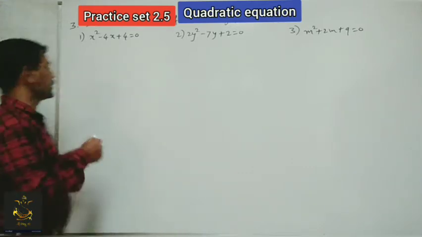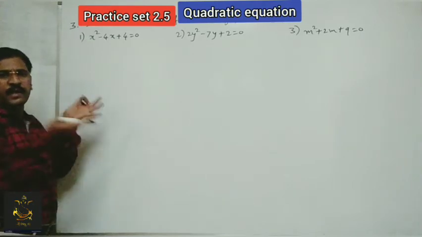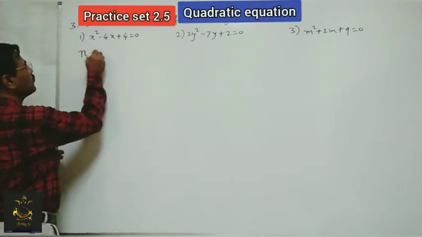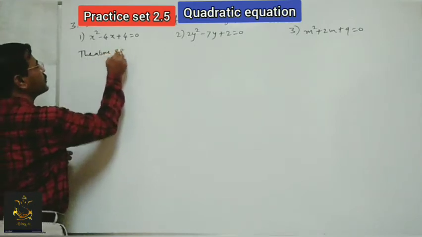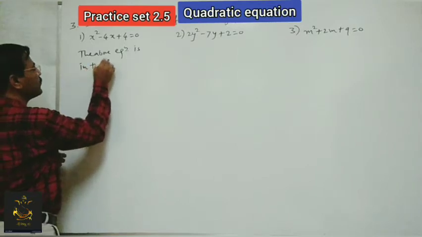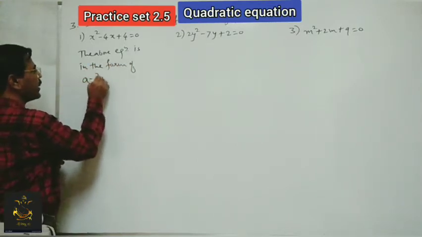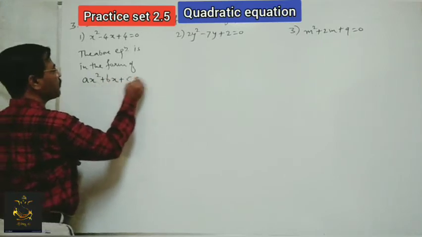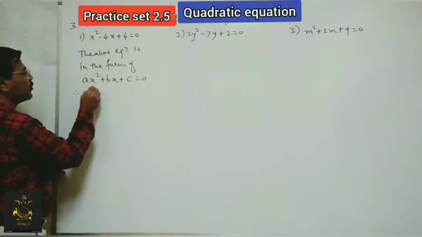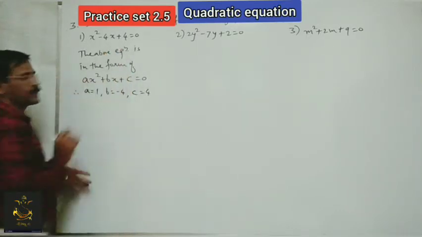See here. Again, very similar to what we solved in the previous sum. The above equation is in the form of ax square plus bx plus c equal to 0. By comparing, a equal to 1, b equal to minus 4 and c equal to plus 4.